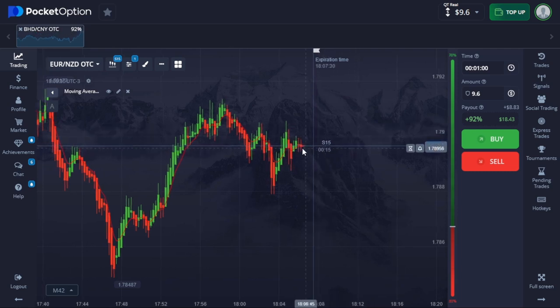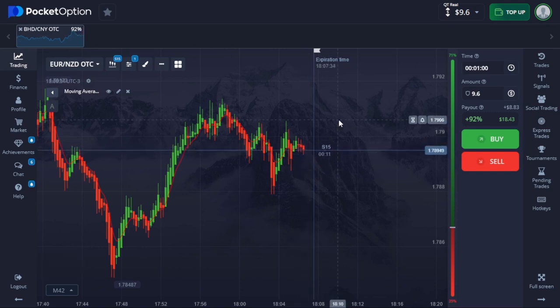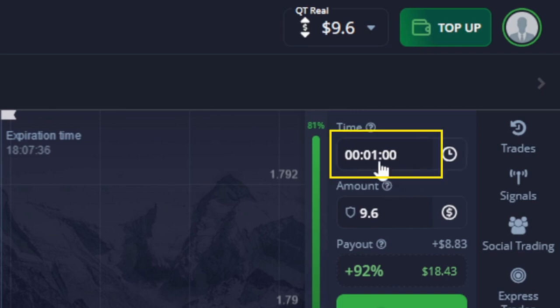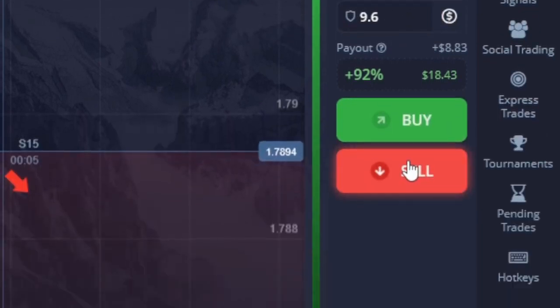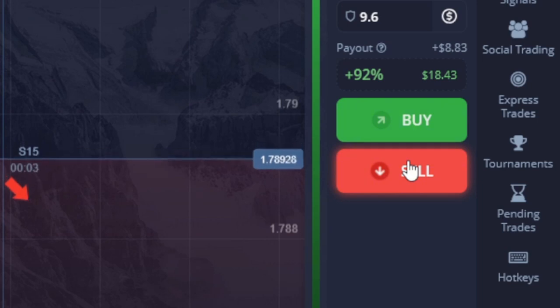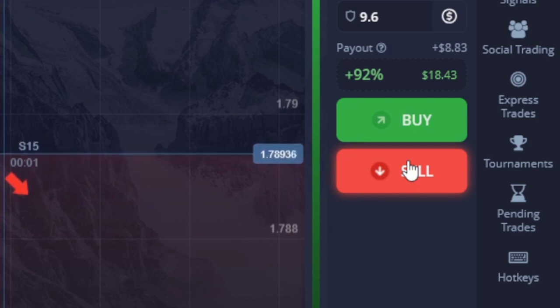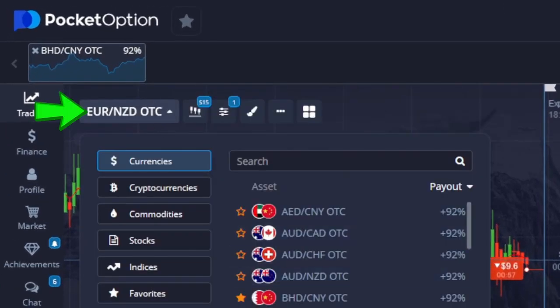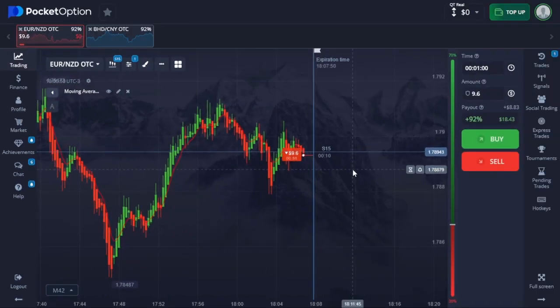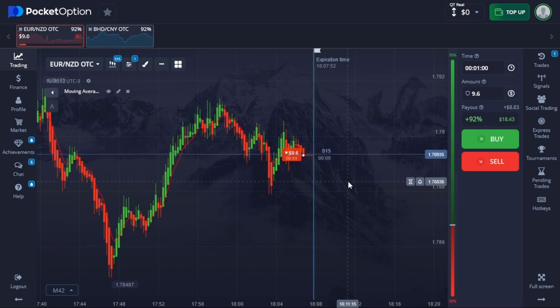If it closes like this, I'm in. 1 minute, 9.6, and boom. Now I enter a bearish position on this pair, Euro NZD. Let's wait a minute to see if this turns out positive or negative.